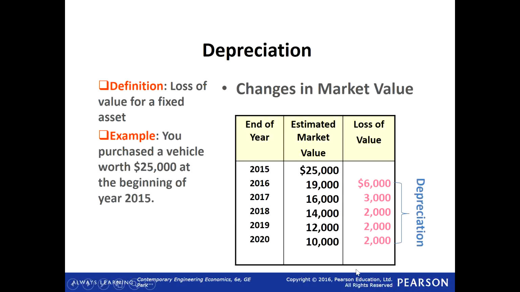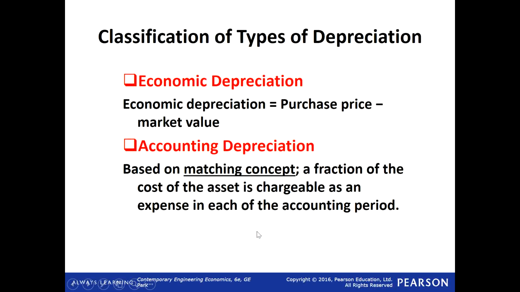So this is the purchase price, and let's say in year 2019, 25 minus 12,000 is how much is depreciated. 25 minus 12 is 13. So the total depreciation from the beginning till 2019 is 13,000. So this is a very simple economic depreciation. We call it purchase price minus market value.